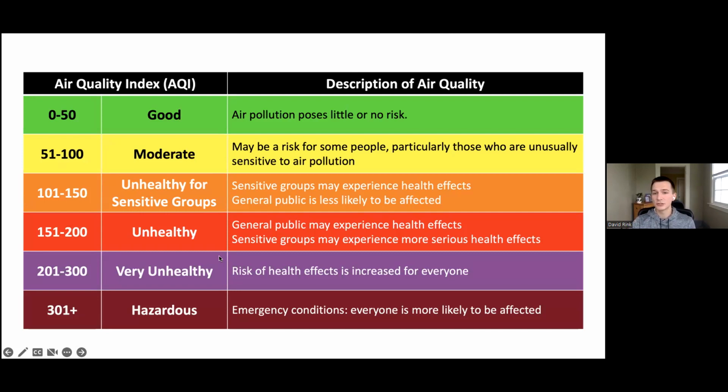For each individual criteria pollutant, an AQI of 100 generally represents sort of a short-term regulatory standard. Above 100 is where the EPA begins cautioning at-risk groups. And then above 150 is where the EPA begins cautioning unhealthy pollutant levels for the general population.